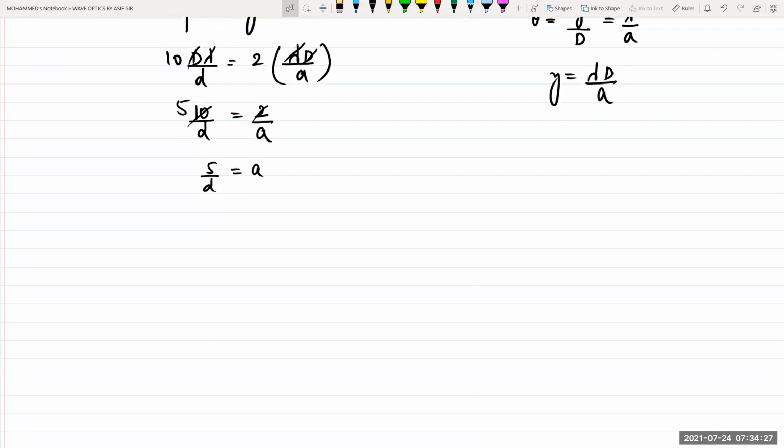So 5 by d is equal to 1 by a, and a will be equal to d by 5. d is equal to 1, so it is 1 by 5 mm, that will be 0.2 mm.